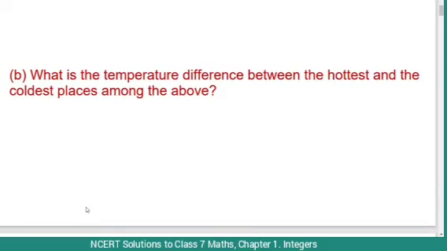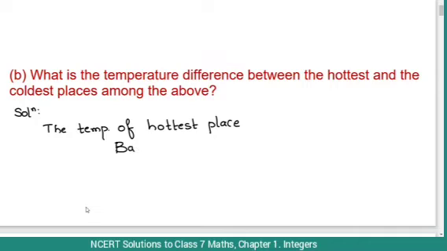Now in the same question itself, part B is, what is the temperature difference between the hottest and the coldest places among the above? Solution: the temperature of the hottest place is Bengaluru.